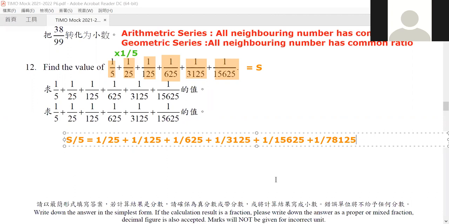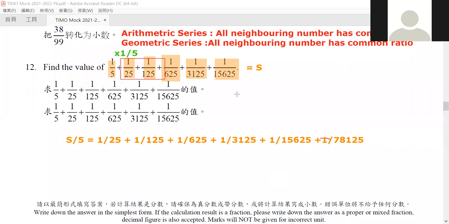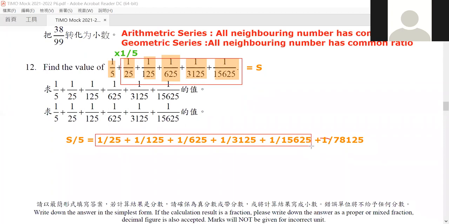But notice that this part is very similar to the sum. It's not just similar, they are exactly the same.